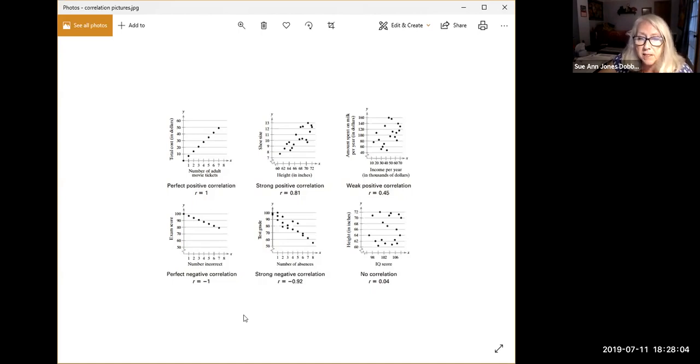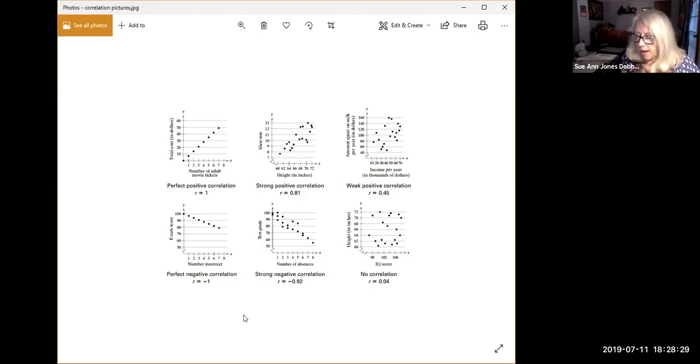That has a calculated correlation coefficient of -1. These are not perfectly collinear, but they have a strong negative correlation, and it is at correlation coefficient R equals -0.92.